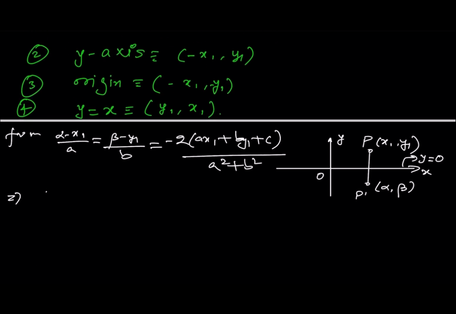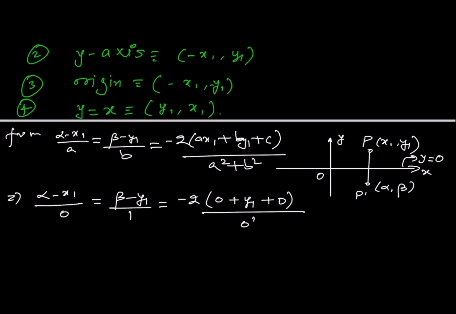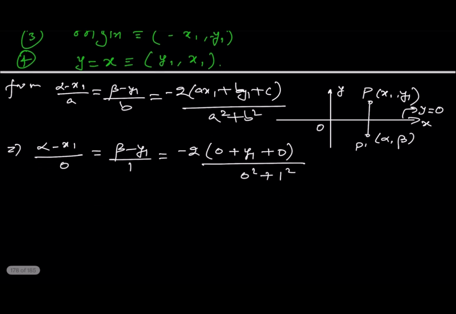So (alpha - x1)/0 = (beta - y1)/1 = -2(0 + y1 + 0)/(0² + 1²). So (alpha - x1)/0 = -2y1/1.